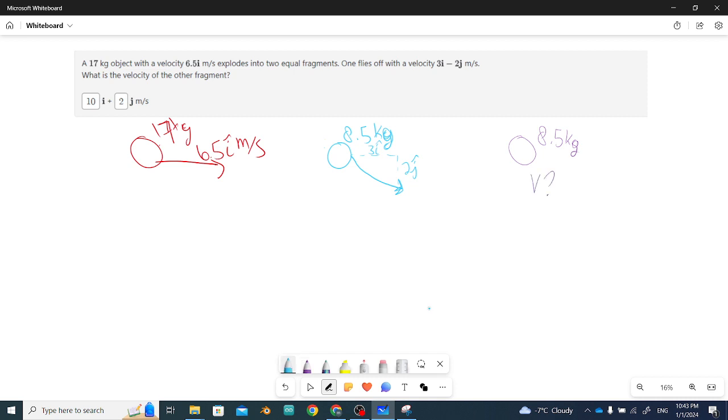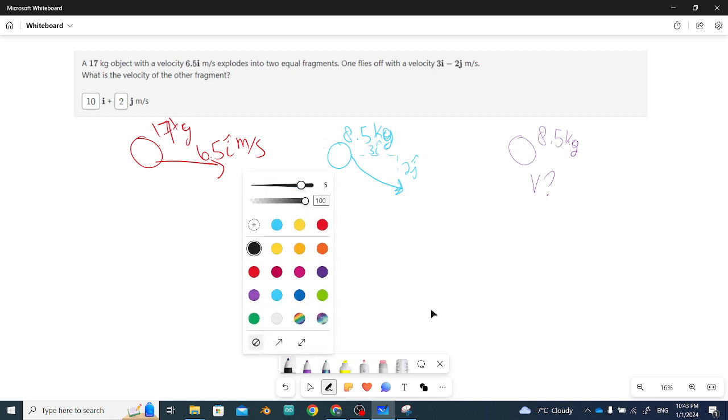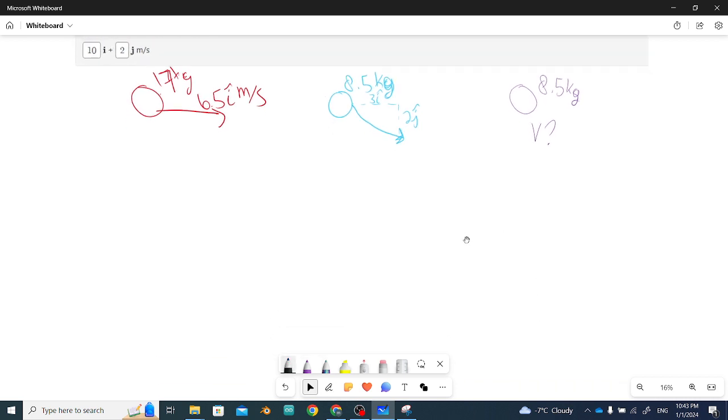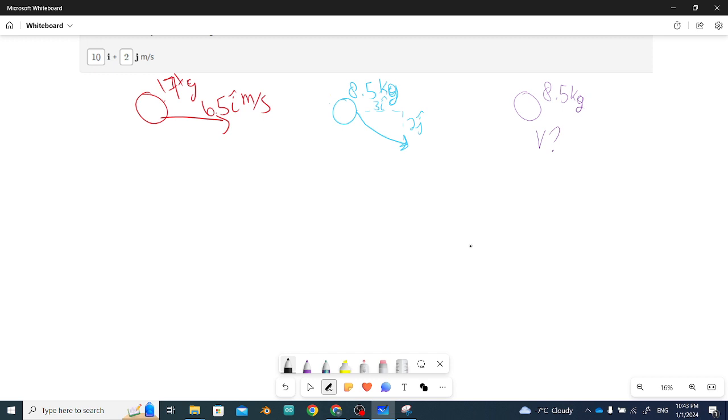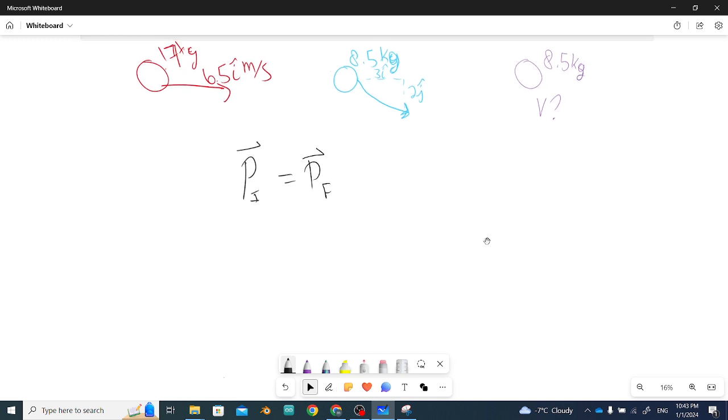So let's start off with the conservation of linear momentum formula. You're pretty much always going to use this. Pi is equal to Pf. Now I'm going to use unit vectors as it's going to make things way easier.